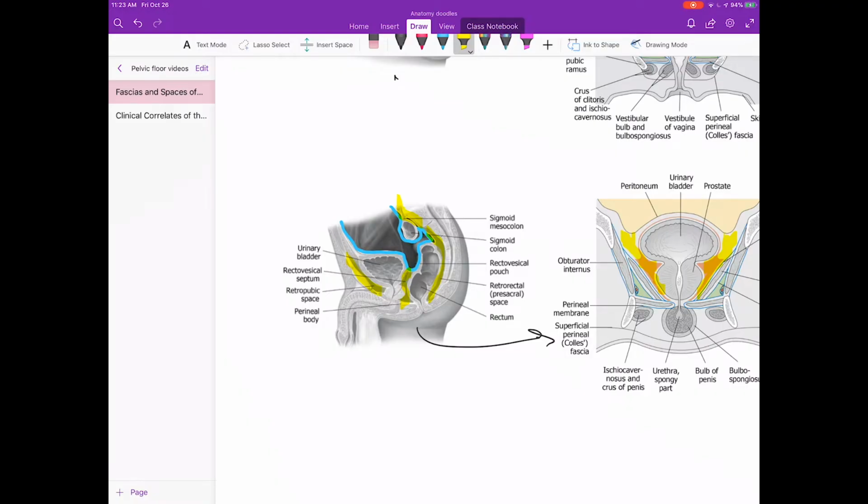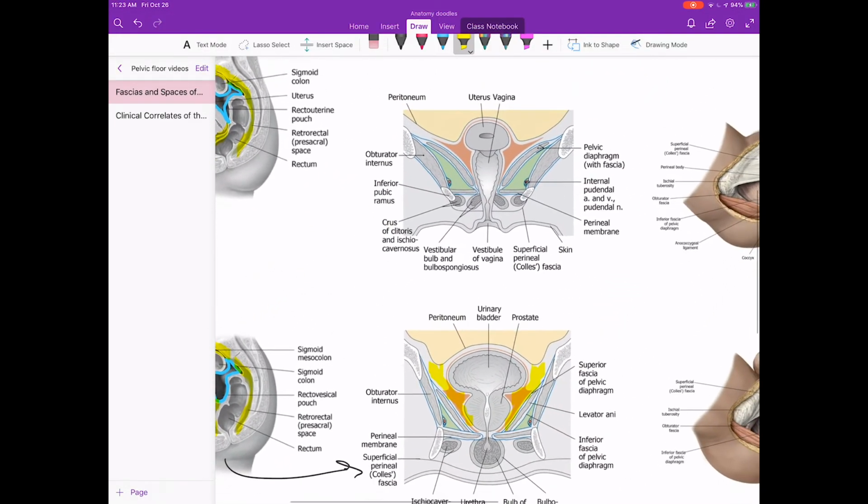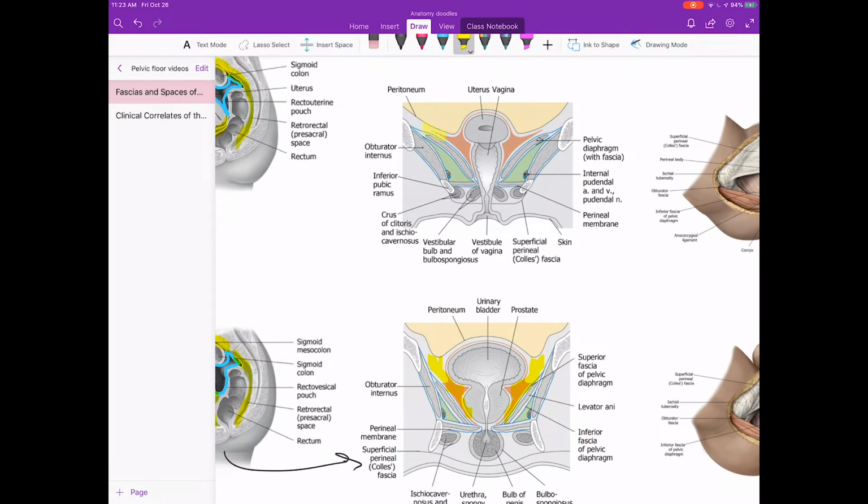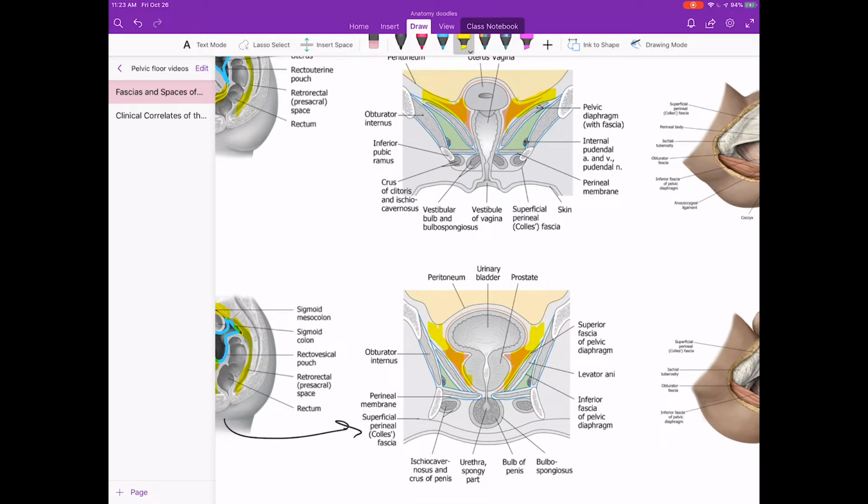You might hear it as the endopelvic space. This is the endopelvic fascia, which again is in continuity with the retroperitoneal fascia. And the same thing goes for the female. This is located here around the organs.